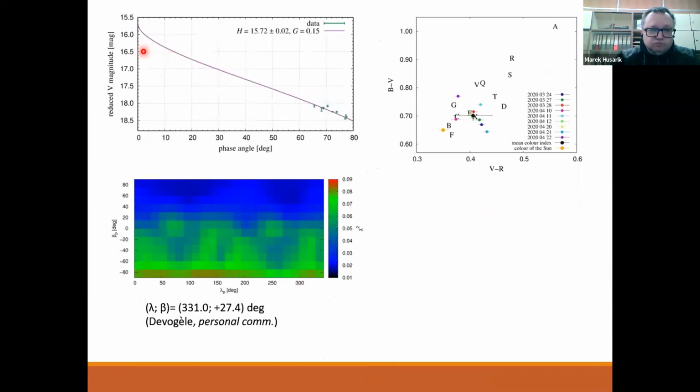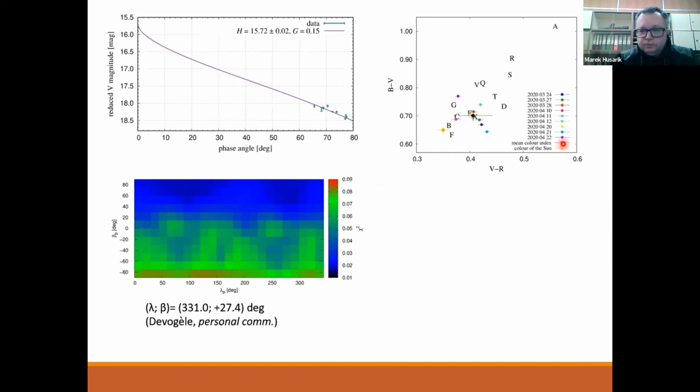There is an HG diagram. I tried to compute the absolute magnitude and the G slope. From polarimetry, I tried to estimate the taxonomic class. It seems that it is class X in the Tholen taxonomy.